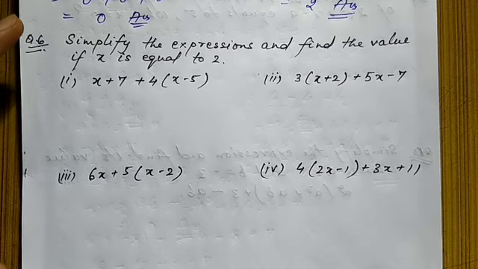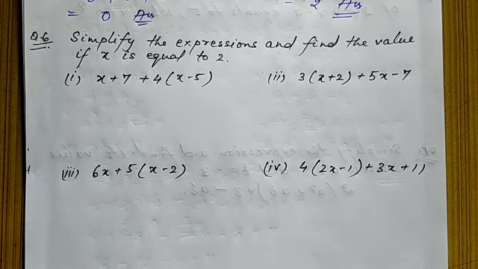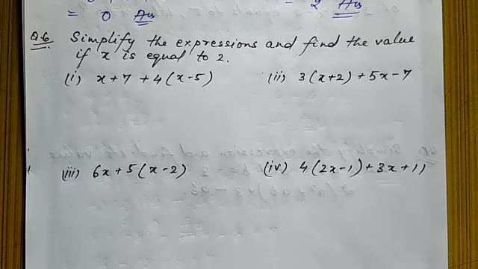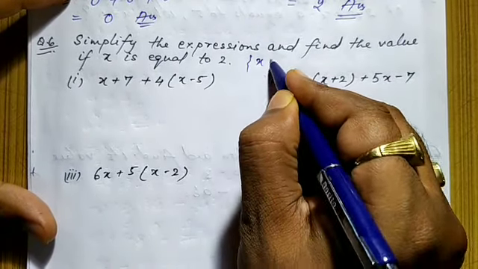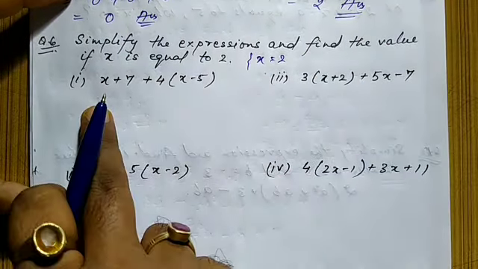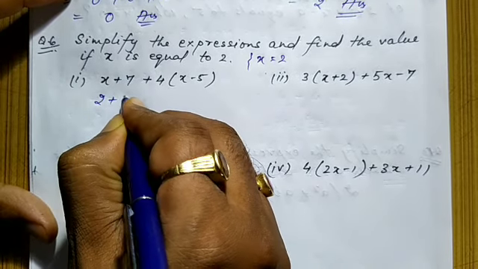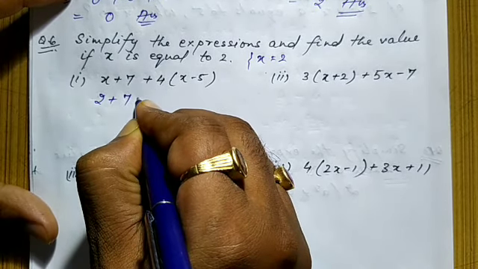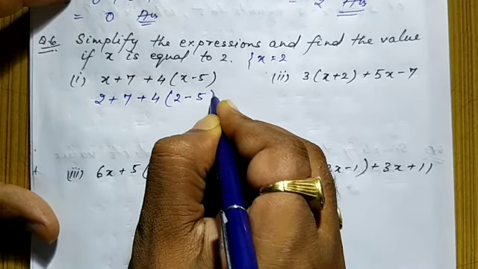Next question is, simplify the expression and find the value if x is equal to 2. Means what you have to put? Value of x 2. Okay, so substitute x is equal to 2 in this expression. Okay, 2 plus 7 plus 4, 2 minus 5.